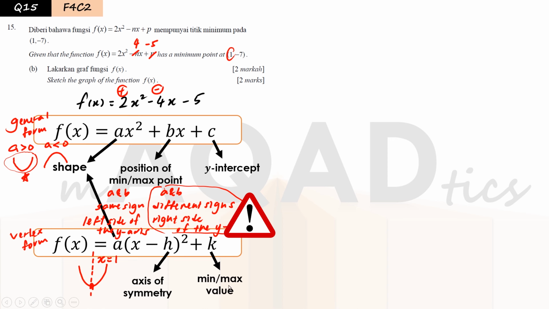Actually you don't need to, because we know that if we combine H and K, it is actually the minimum or the maximum point. So when we are drawing the graph, we just need to make sure we label the minimum or maximum point, which is here, 1 and -7. Okay, so later when we are drawing the graph, we just need to make sure that we label the minimum point, which is 1 and -7.